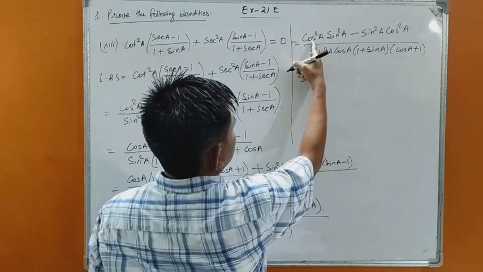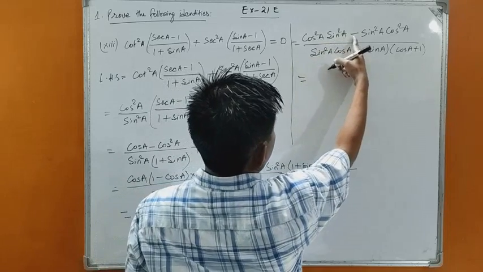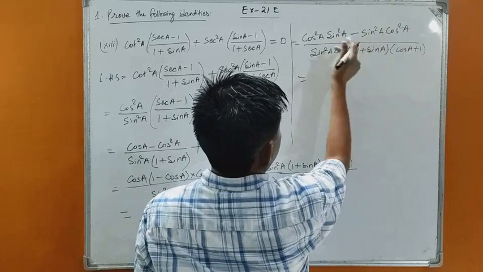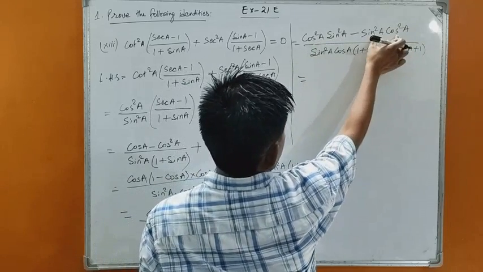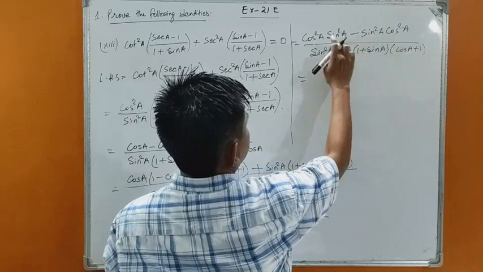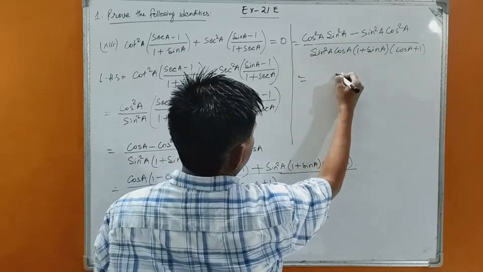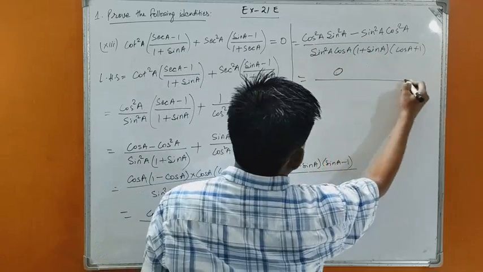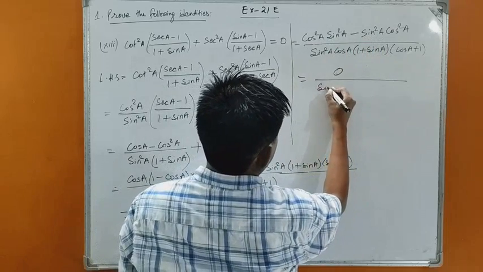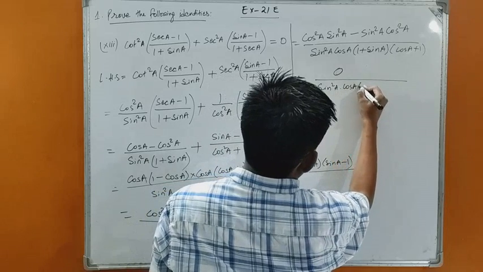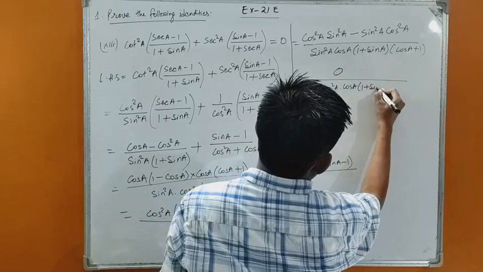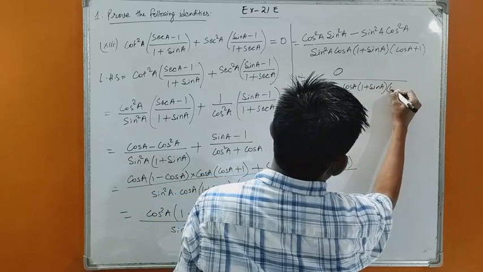So cos square a sin square a minus cos square a sin square a, these two numbers are the same. This number is negative and this number is positive, so 0 upon this whole thing, sin square a cos a into 1 plus sin a into cos a plus 1.